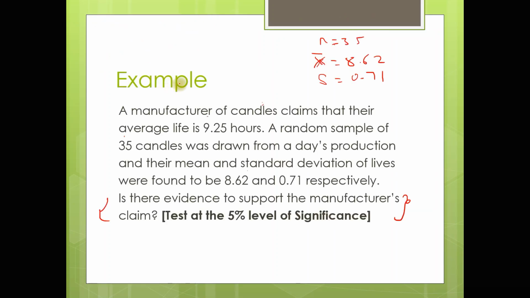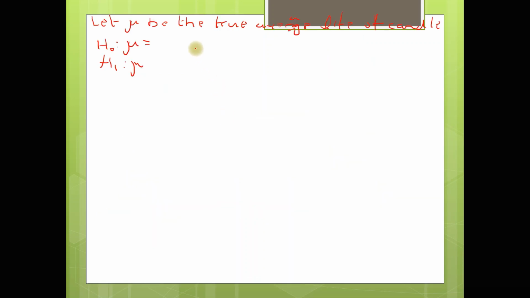We always know that in this course, the null hypothesis always has equality. And what about the next one? Mu is equal to what, first of all? Mu is not 8.62. Don't think that because you've seen a mean here, you are going to put 8.62.